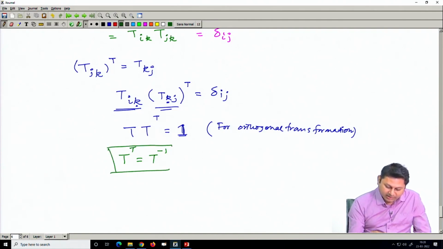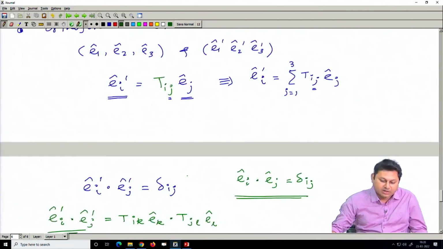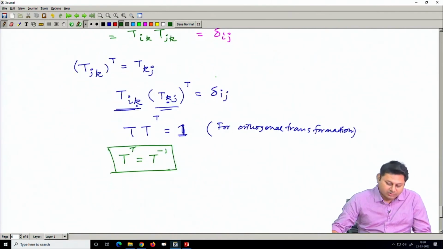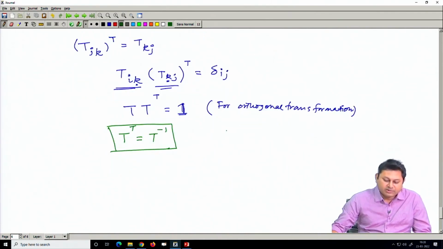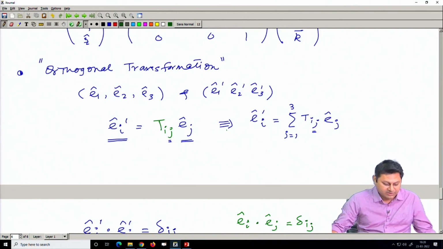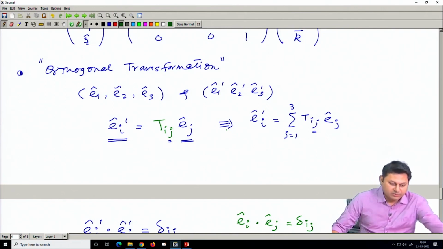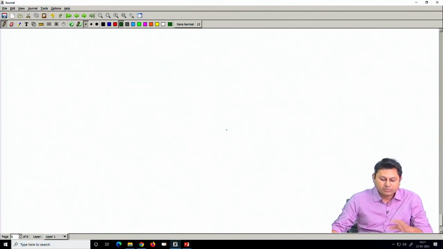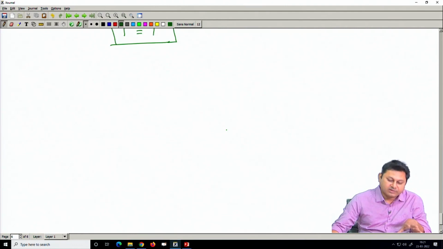You can check by yourself the matrix we figured out: cos phi, minus sin phi, 0; sin phi, cos phi, 0; 0, 0, 1. Take the transpose and multiply with the original matrix, and you will get unity because this is an orthogonal transformation. I am not going to discuss it in detail; it is just to make you understand how you can transfer from one coordinate system to another. So let us continue.